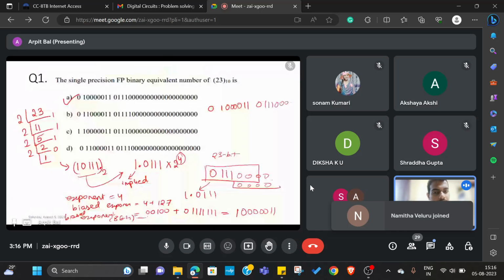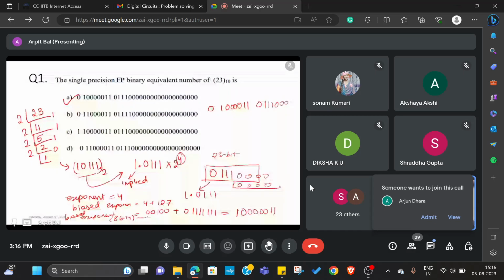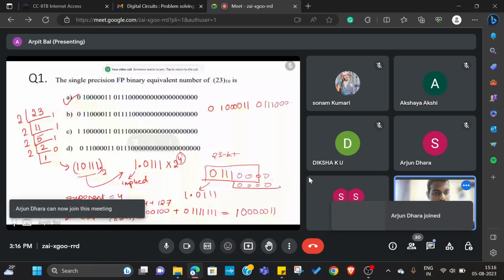In that standard format, you need to represent the binary number in the form 1.xyz times 2 to the power n, where n is the exponent and 1 point something is the value that you want to represent.